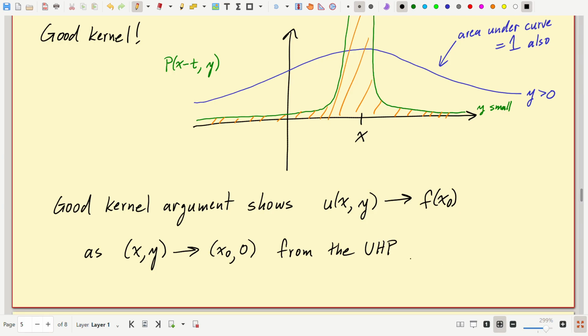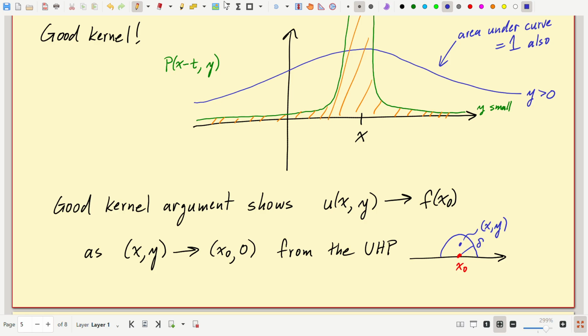So here's the x-axis, and here's an x naught. x y is some point in here, getting close. This would be a radius delta. And I could use the good kernel arguments to show that I get the convergence to the thing I want.